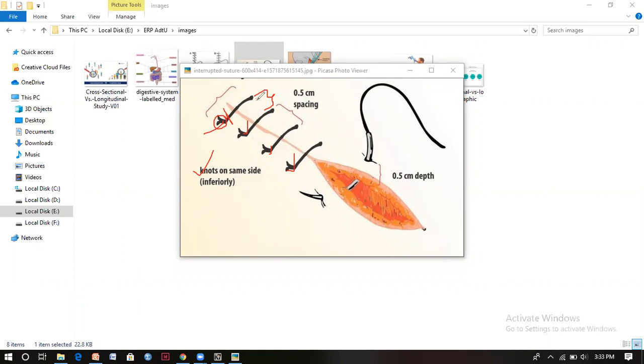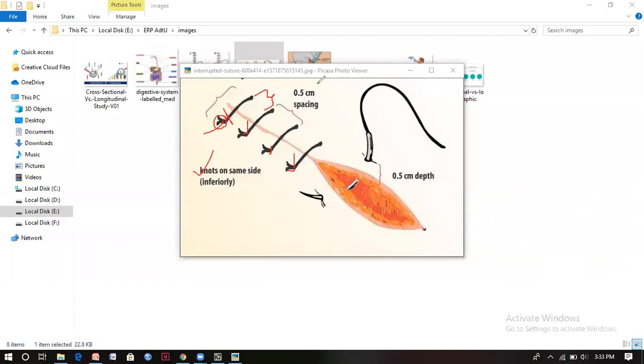While suturing, we are not supposed to suture too deeply, because we might injure blood vessels. The depth should be 0.5 centimeter.